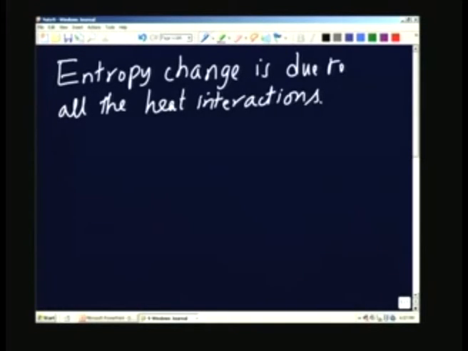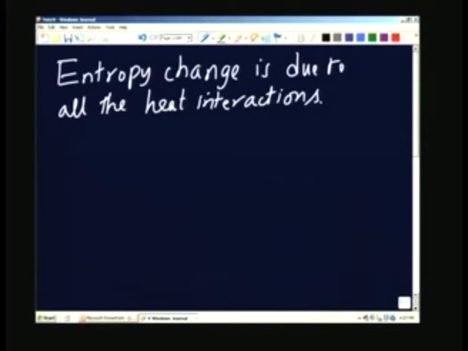I know the Peltier heat at the two junctions and the Thomson heat all along the two conductors. These are the ones which are going to give rise to the change in entropy, and I am going to require that the net change in entropy must be equal to 0. So, we will write the expression for that.